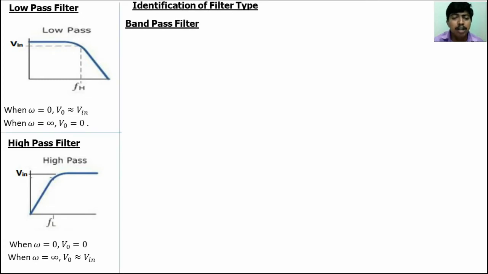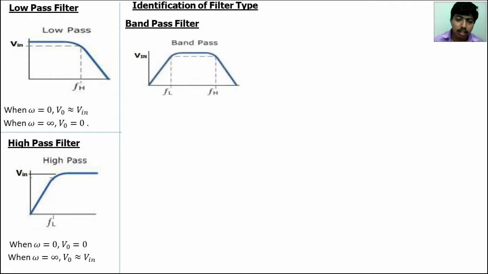Then band pass filter. Band pass filter means it will allow a band of signals. If the frequency is less than this band, it stops. And if the frequency is higher than the band frequency, it stops signals. Here this is the band. If the input signal is in between the band, it allows.